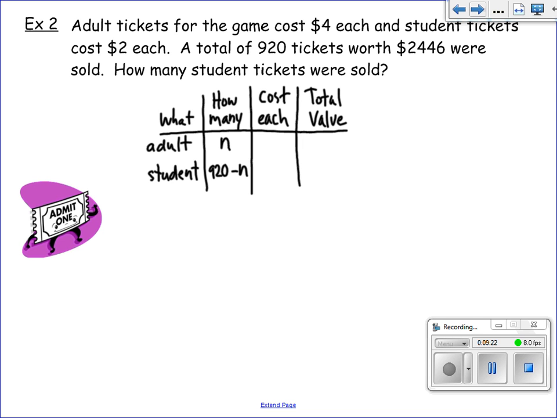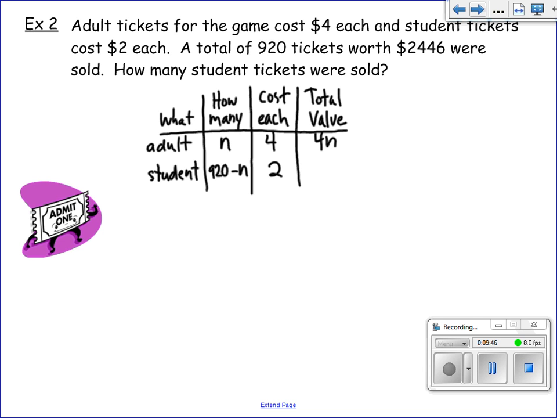What's the cost of the adult tickets, Will? Cost of each is just 4, and the total value is 4N. What's the cost of each student ticket, Anna? $2. What's their cost altogether?